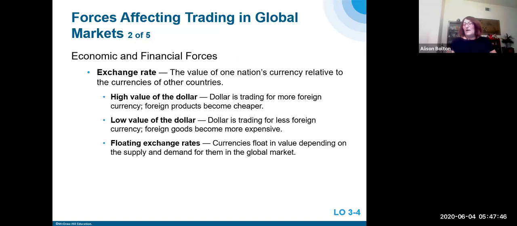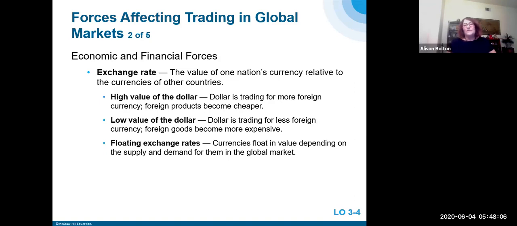Another thing to be concerned about is the exchange rate. So you want to know what the value of the dollar is no matter where you're going, and it can change a lot.